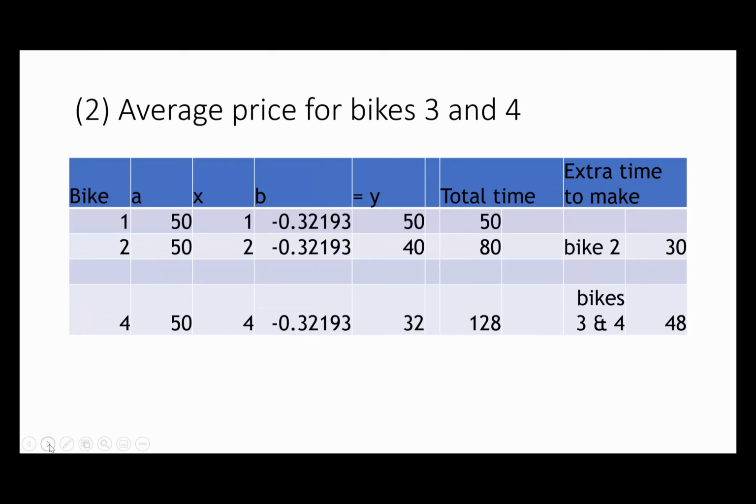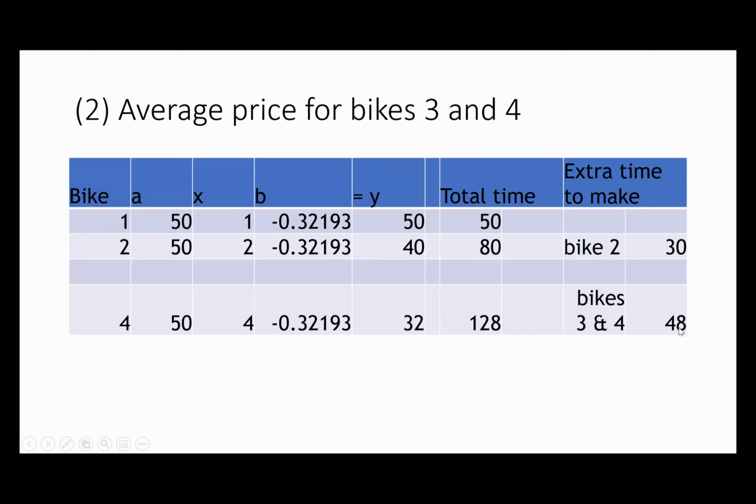Average price for bikes 3 and 4. Okay, so we go through a very similar process. 4 bikes, time needed for the first bike, A, 50 hours, 4 bikes being made, B value, giving us a y value, or cumulative average time of 32, multiplied by 4, a total of 128, and the difference between that and the total time for 2 is 48.